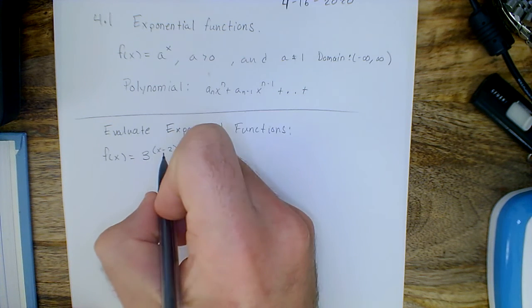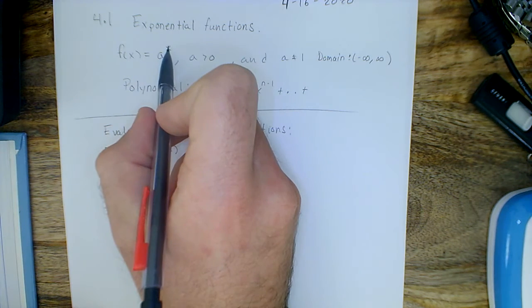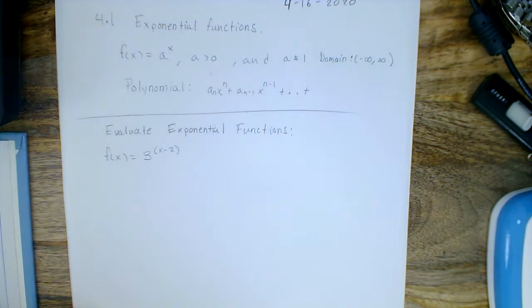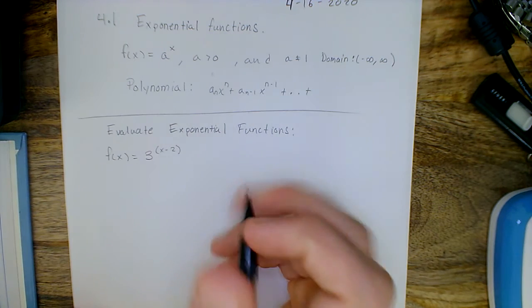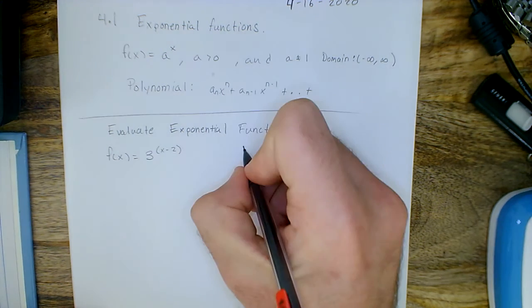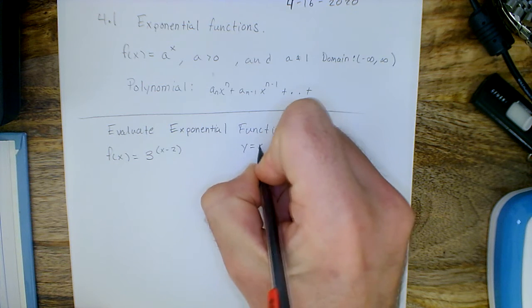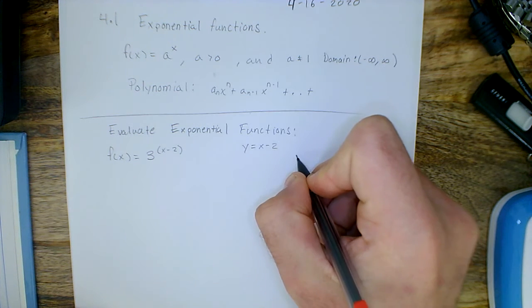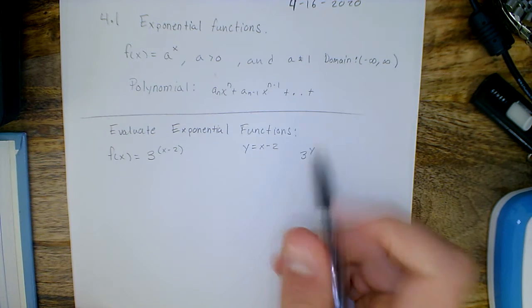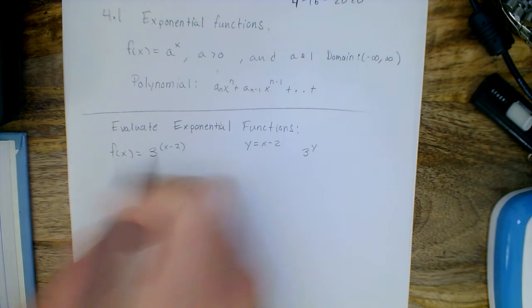But in the exponent you can put functions, like x, or x squared, whatever sort of x you want. I could substitute y equals x minus 2, and then this is going to be 3 to the y, and it takes that form. Anyway, we're going to talk about evaluating this function.